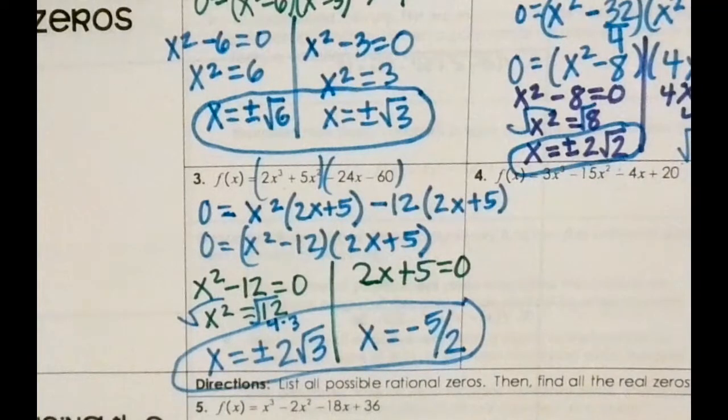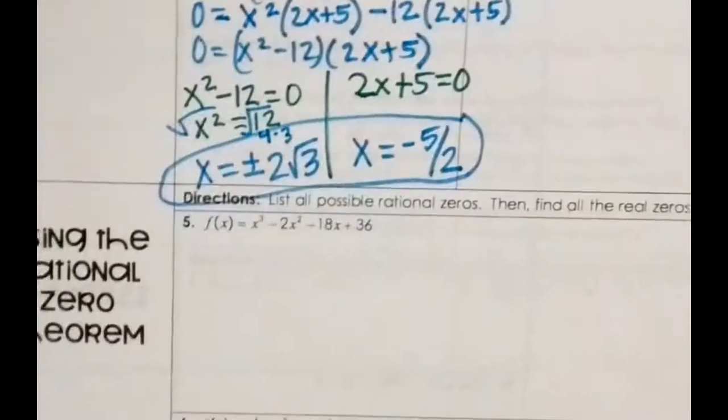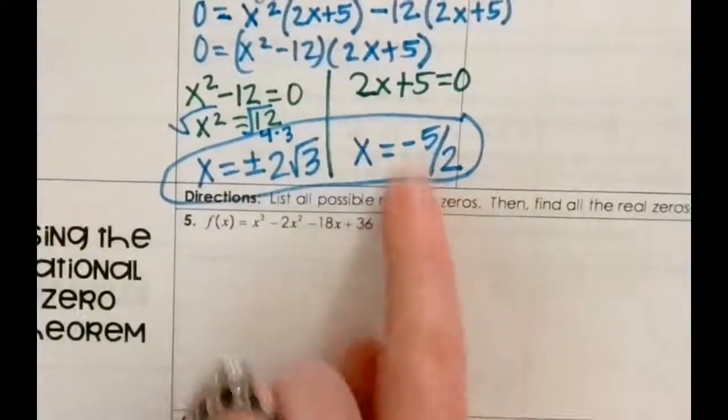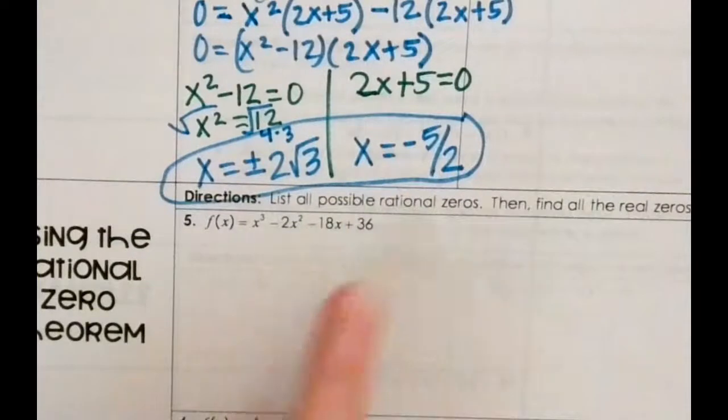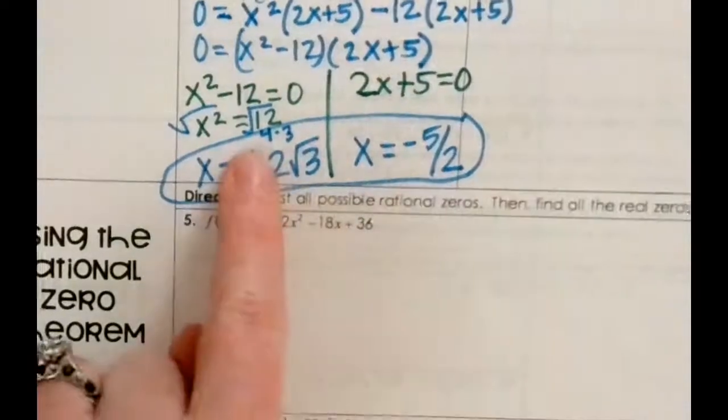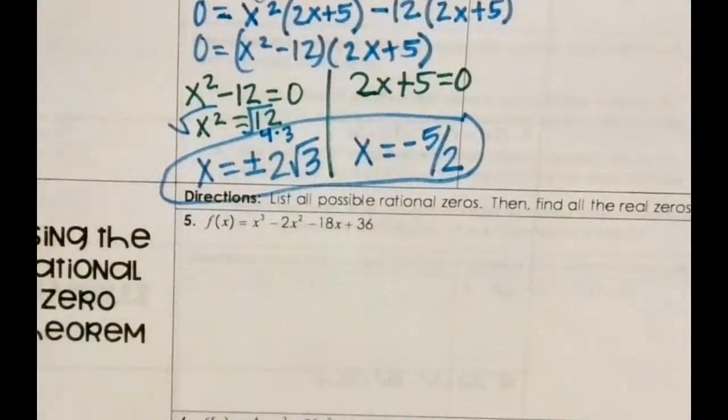But 5 and 6 and so on, we can't factor by grouping or by the X method. So then we will have to use our rational zero theorem. And again, our rational zero theorem only tells us rationals. So in our possibilities, only this one would show up. 2 root 3 isn't going to show up. Okay? So this is when it gets really kind of crazy because you have so many possibilities.